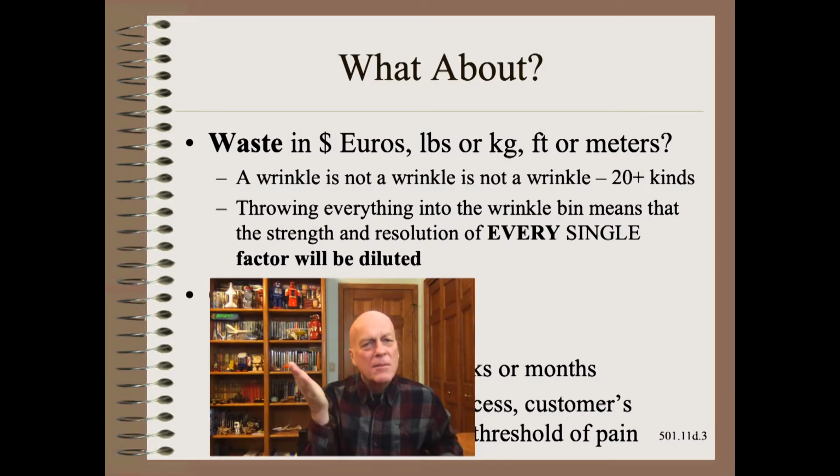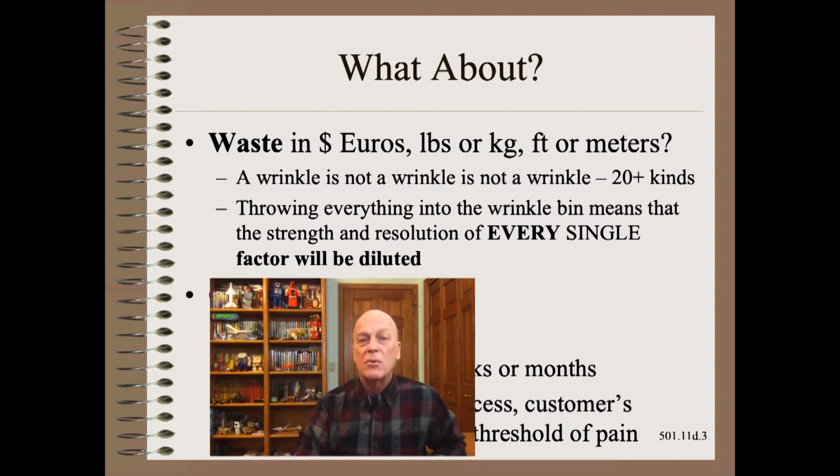So, what about waste or customer complaints? While these are currently the most common measures of wrinkling severity, these measures have many truly debilitating handicaps, often rendering them worse than worthless for the troubleshooter. First, as we've learned time and time again, a wrinkle is not a wrinkle is not a wrinkle.